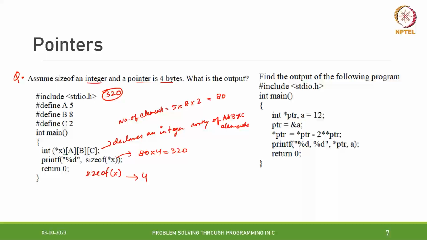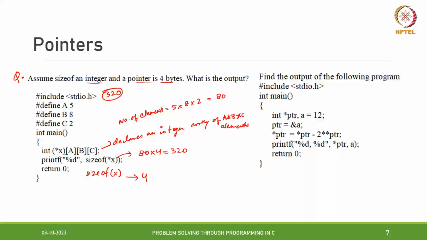But by saying star x, I am saying that x is a pointer and it is pointing to an array of this particular size. So when I write star of x, it gives me the array size, but if I write only x, it will give me just the pointer which is pointing to the first element of this huge array.